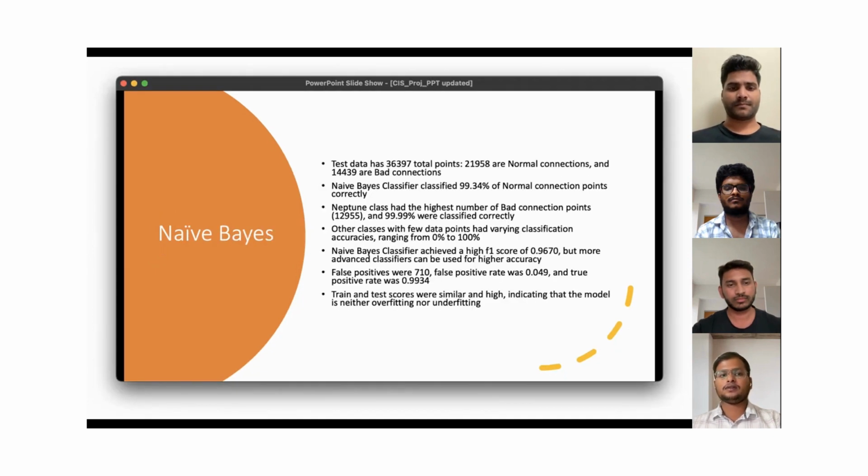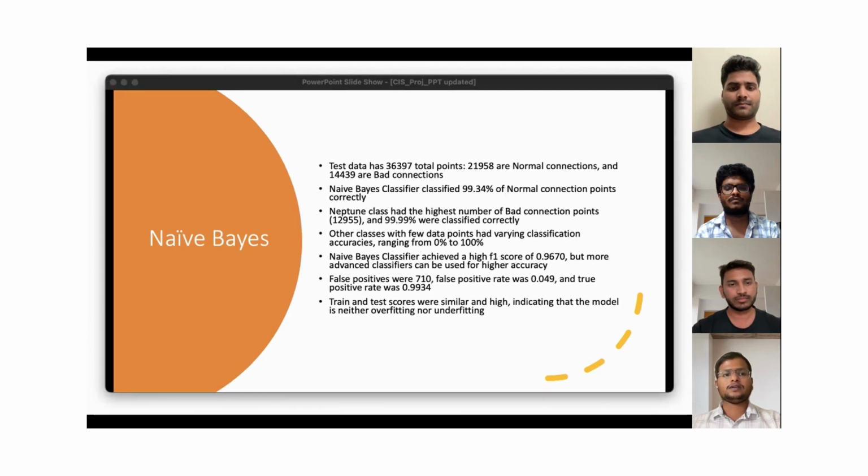So going to naive Bayes. Naive Bayes is a probabilistic machine learning algorithm that is commonly used for classification problems. The algorithm is based on Bayes theorem, which is a fundamental concept in probability theory. The naive in naive Bayes refers to the simplifying assumption that features in the input data are independent of each other, which is often not true in practice.